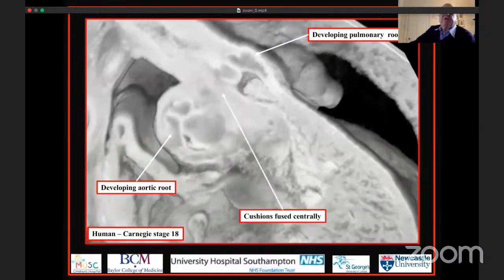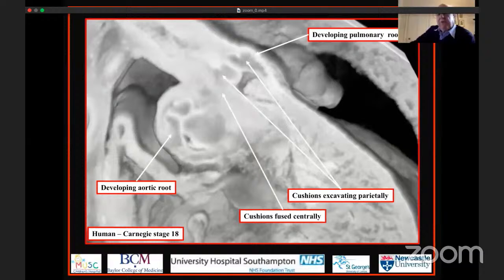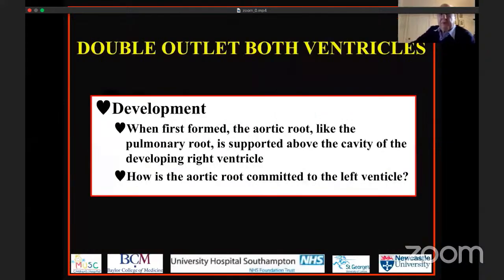And the distal part of those outflow cushions are now cavitating to form the arterial roots. But it is what happens in the proximal part of the outflow tract that determines the connections of those arterial roots. And it is the connections that are key for understanding double outlet, both ventricles.